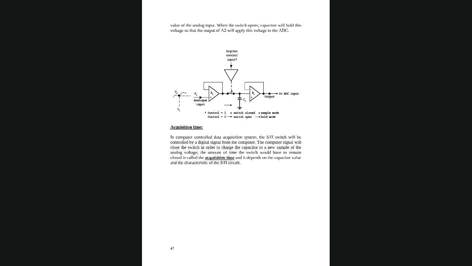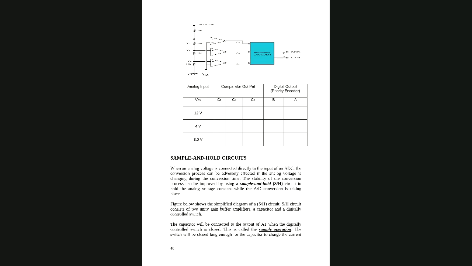Now let me just read this one, and it will be clear to you. I'm reading here, by the way, guys, so if there's any question you can ask me. When analog voltage is connected directly to the input of the ADC, the conversion process can be adversely affected if the analog voltage is changing during the conversion time.